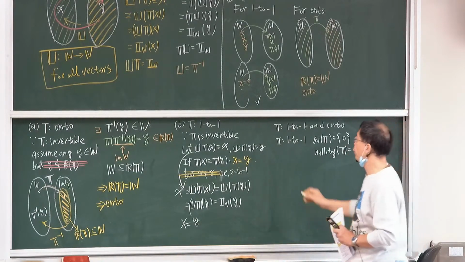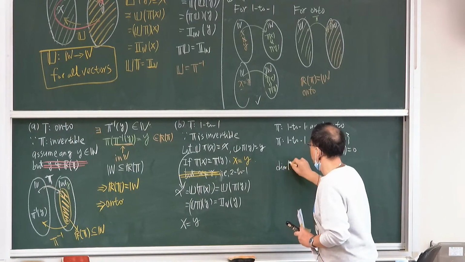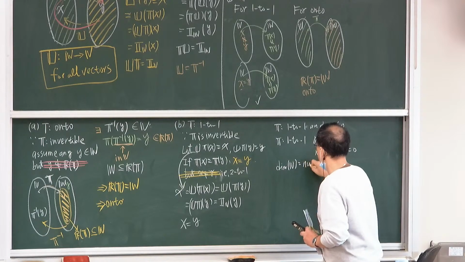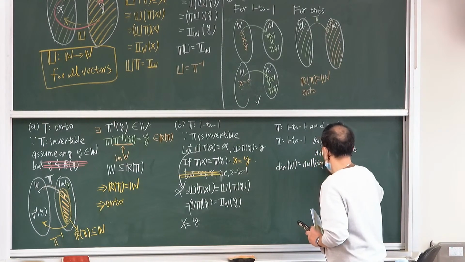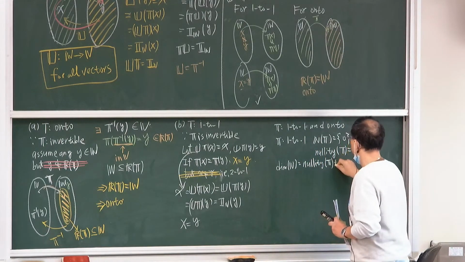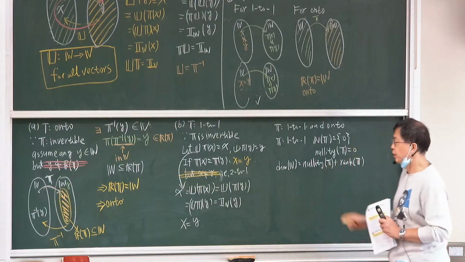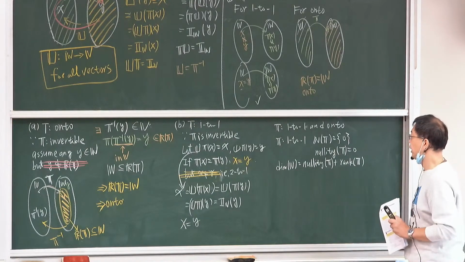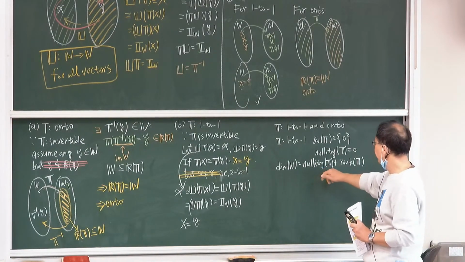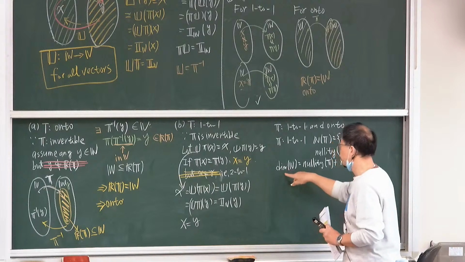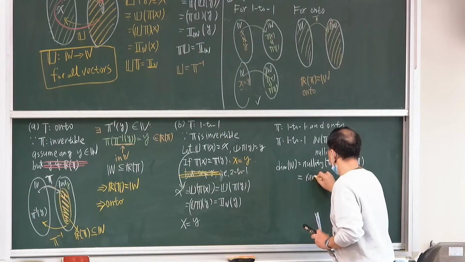And from the dimension theorem, dimension V equals nullity T plus rank T, the dimension of the range of T. But because the nullity of T is 0, we have dimension V equals rank T.